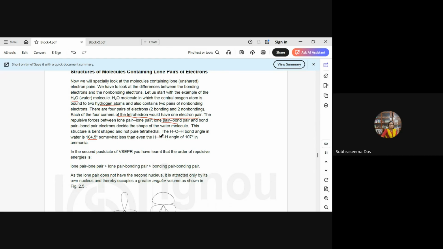It is also less than that of the regular tetrahedron in ammonia. So why is the bond angle less than in ammonia? It is because in water we have two non-bonding electron pairs, whereas in ammonia only one non-bonding electron pair is present.